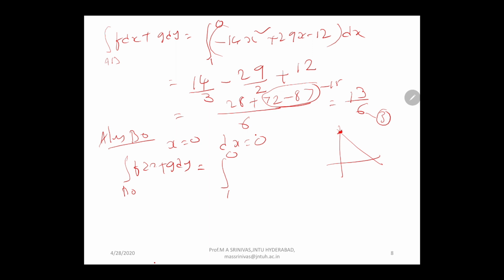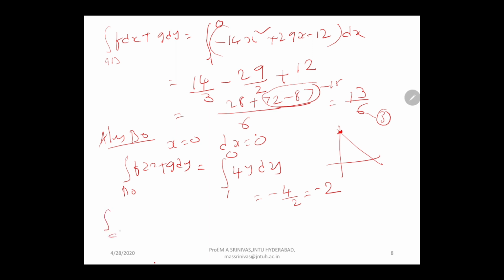Integral 1 to 0, this is 4y dy. The dx first term will be 0 and the second part is 4y dy. If I change the sign, I'll get minus 4 y square by 2, so that it will be minus 2. So I have along OA, along AB, along BO, all the three we found.